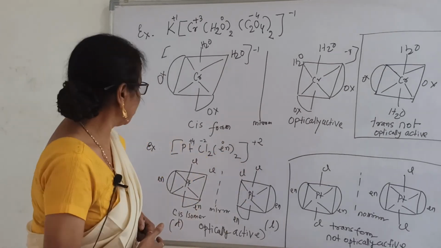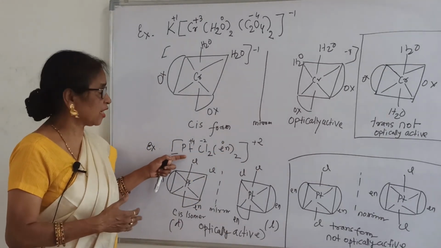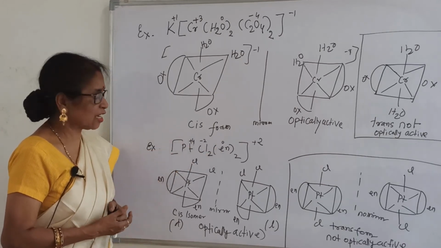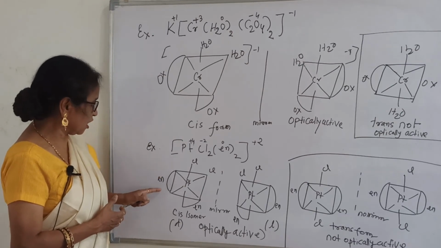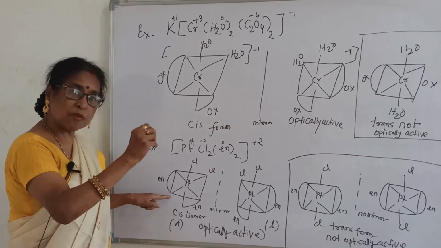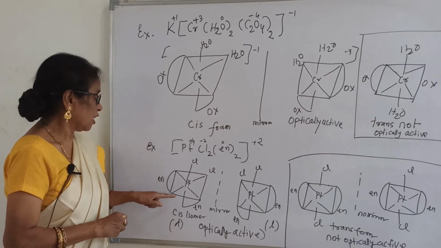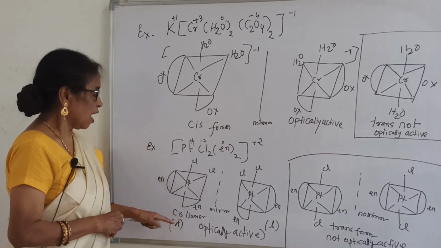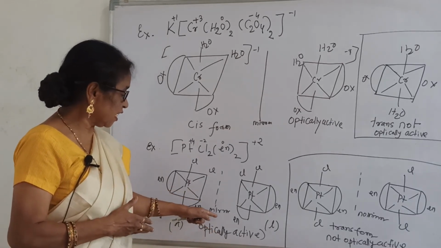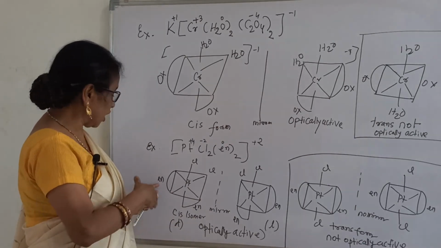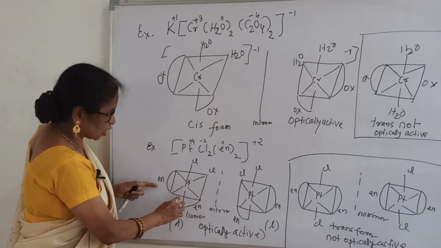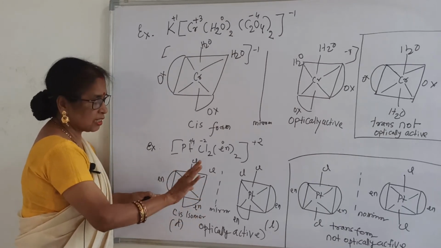And similarly platinum plus 4 surrounded by chlorido and ethylene diamine. Again you see en here, you can't write here because in one place two ligands cannot be attached. Similarly you write this is cis form, and you can see here it is optically active, because if you see the mirror image, then here en transfers here, this en transfers to here, chlorido here, that will form a mirror image.